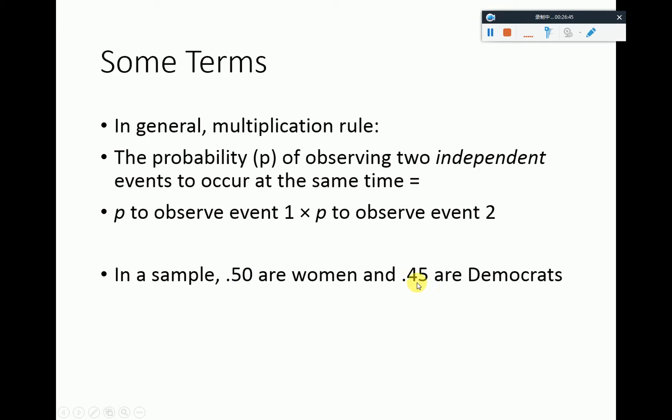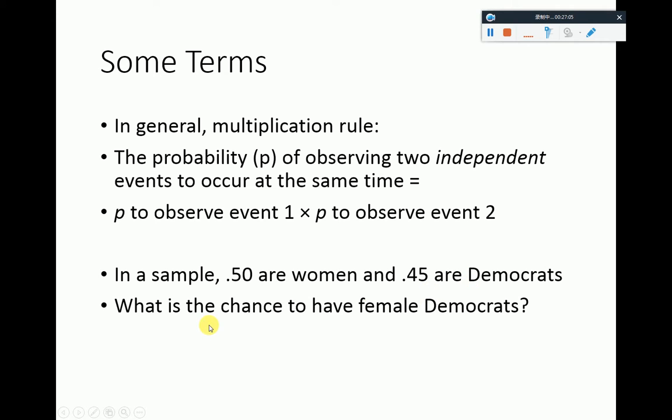And slightly more likely, we have more Republicans than Democrats, so 45% are Democrats. So if the probability of observing women is 0.5 and the probability of observing Democrats in the sample is 0.45, then what is the probability of observing female Democrats?